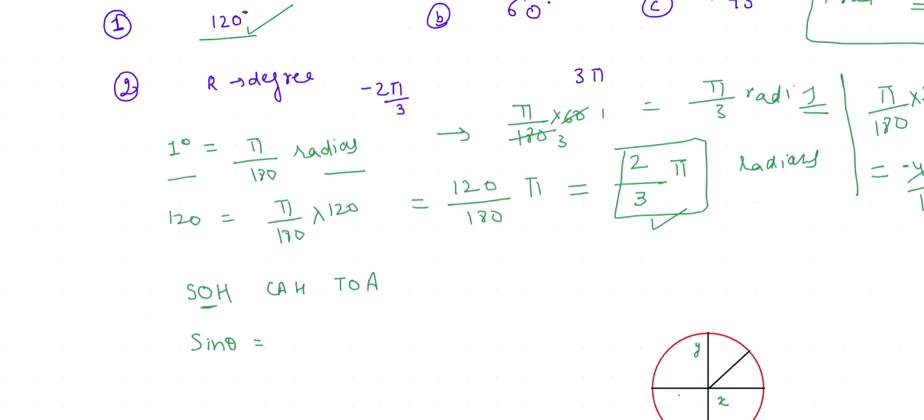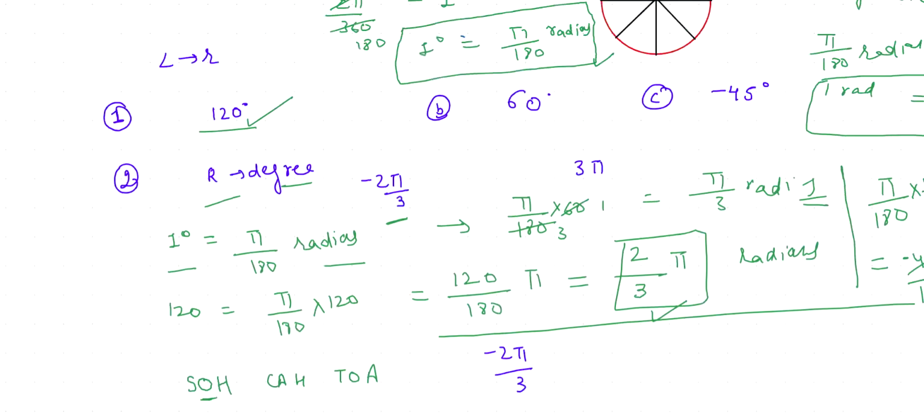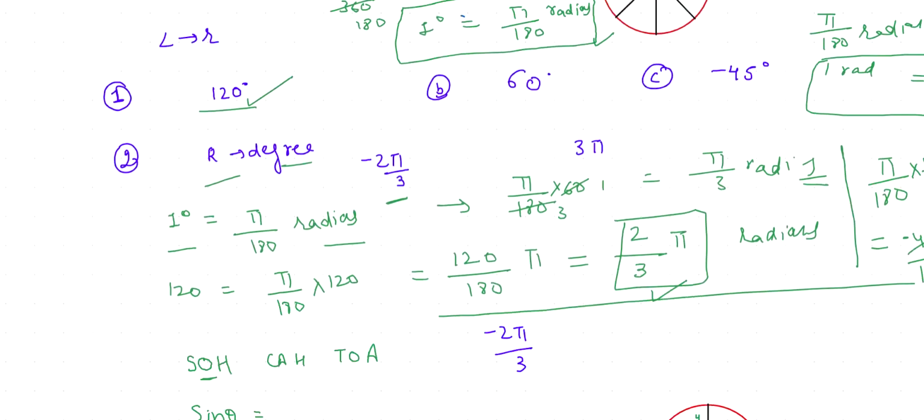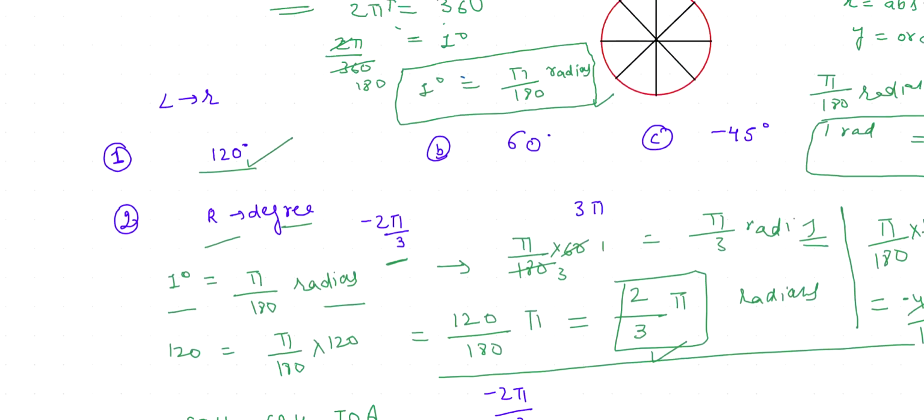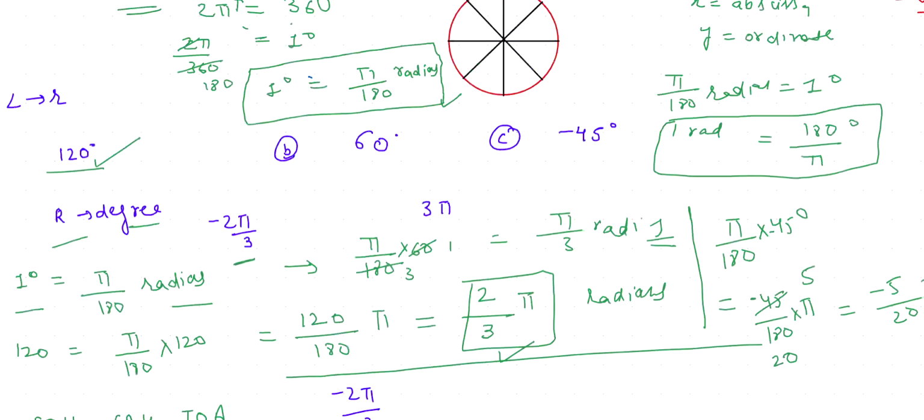Similarly, you can also convert radians into degrees. So convert minus 2 pi by 3 into degrees. As we have derived, 1 radian is equal to how many degrees? 180 by pi degrees.